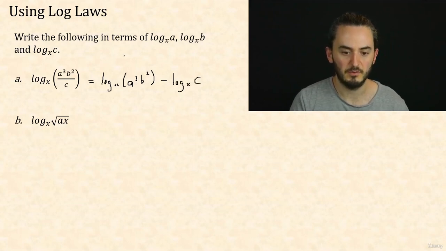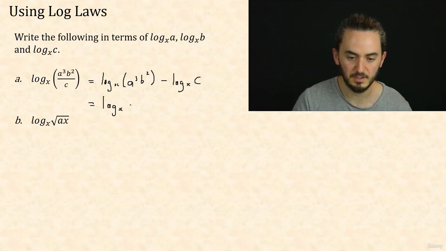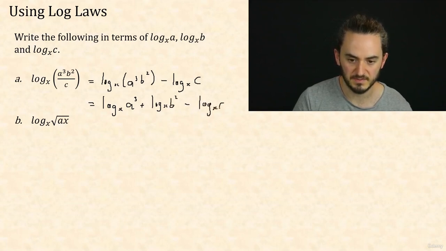Okay, so I've got my log base x of c there. What about this one? Well, I can use my addition law. So log base x of a cubed plus log base x of b squared minus log base x of c.